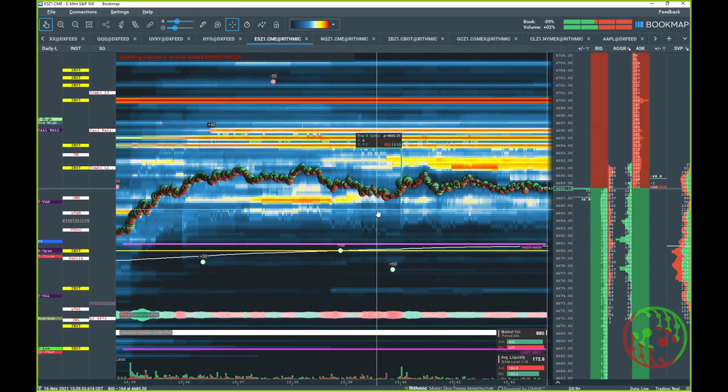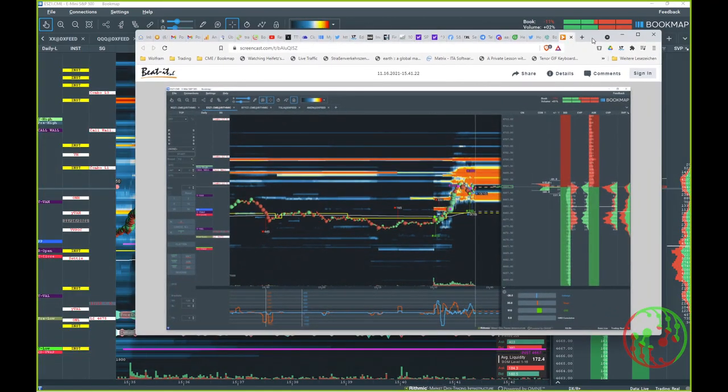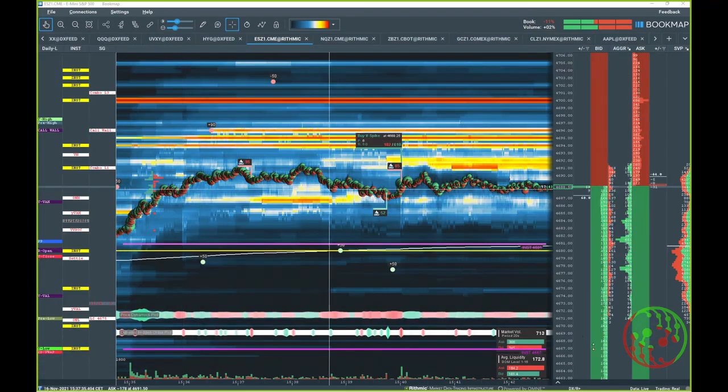It takes time. Because if you look at the chart that I have, it's very clear. You see a very clear stop run. You see a very clear iceberg.